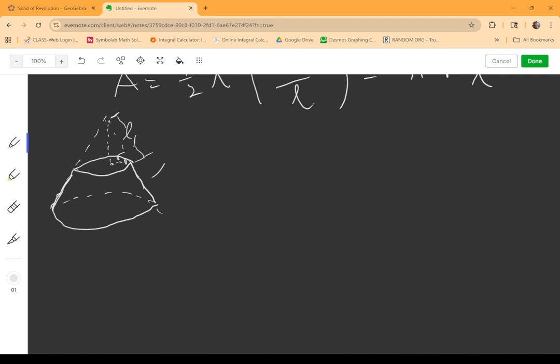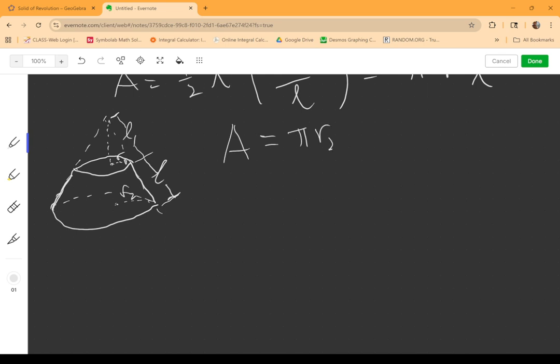And I'll call this quantity L, from here to here. So I can think of the area of just the frustum to be the surface area of the larger cone, which I know to be pi R2 times L1 plus L, where I call this radius R2.